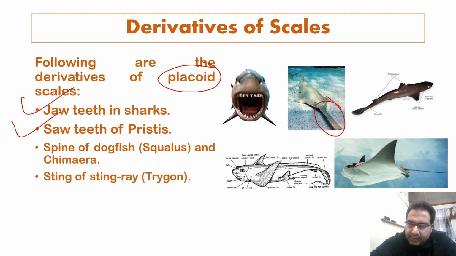Then the spine in the case of the dogfish, Squalus, and Chimera is also a derivative of these very scales. Then we have the sting, which is present on the tail side in the case of Trygon, that is also a derivative of the placoid scales.